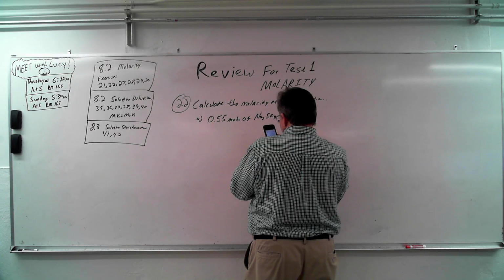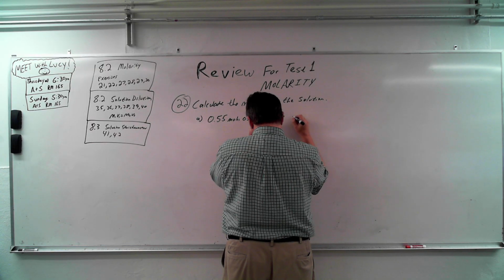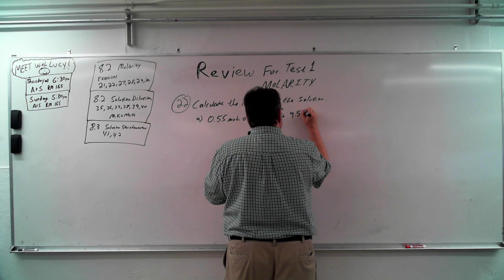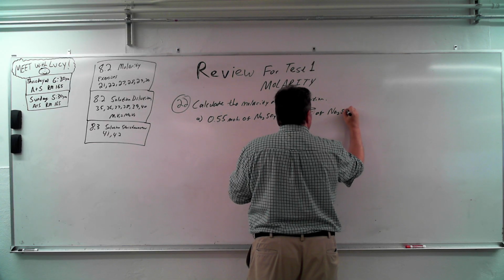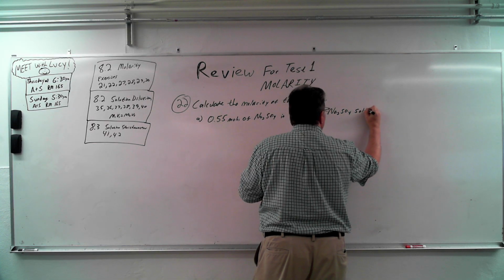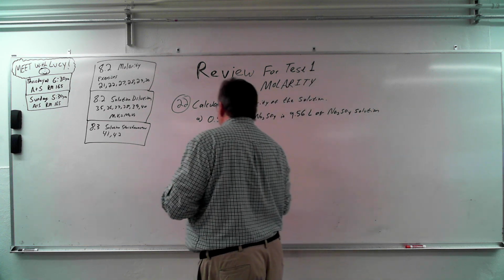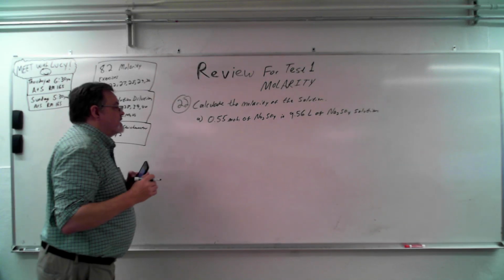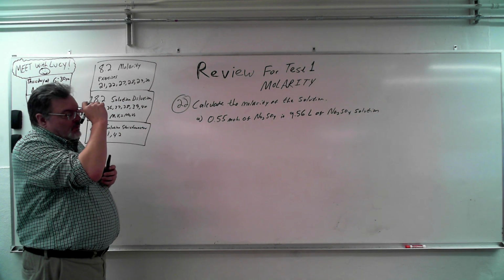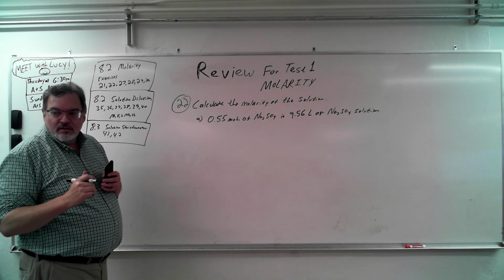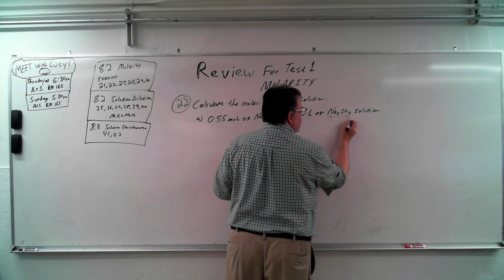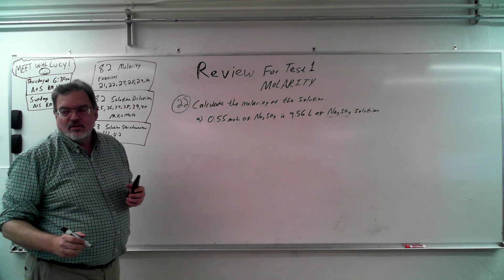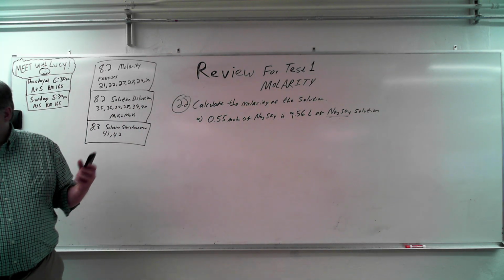Calculate the moles of Na2SO4 in 9.56 liters. Okay, so this is A for 22. Notice grams are not mentioned at all. That means we're not going to need the grams per mole of this. And it really means that Na2SO4 is kind of superfluous information.